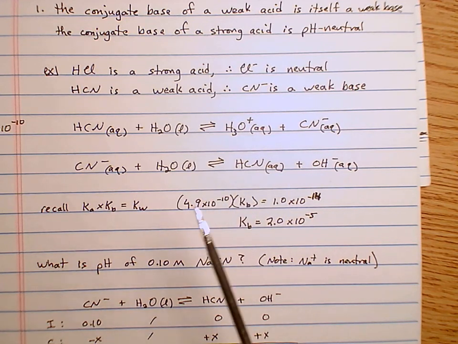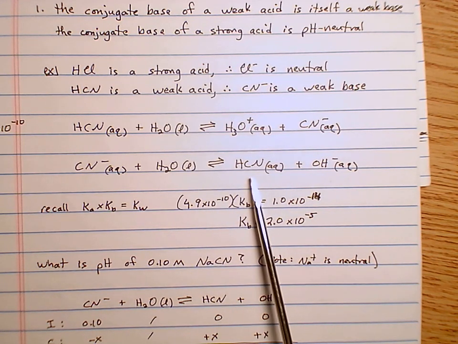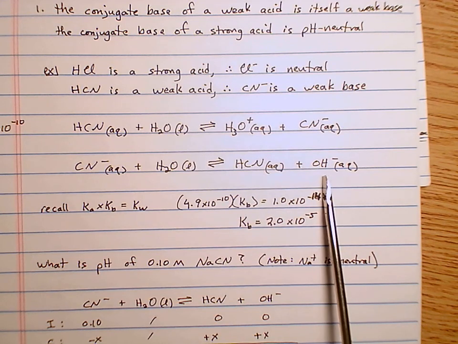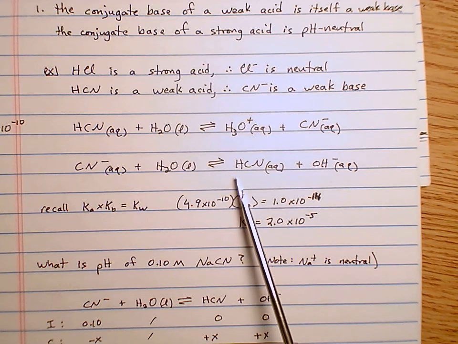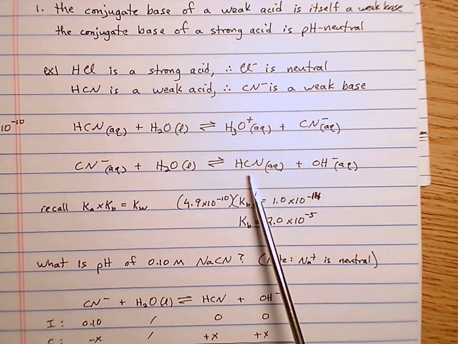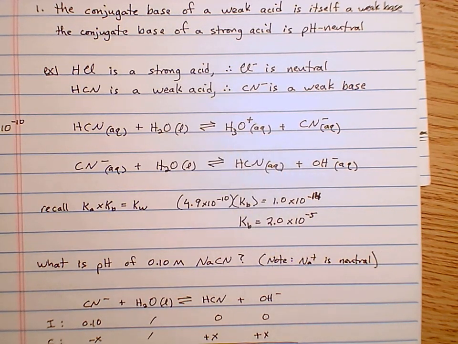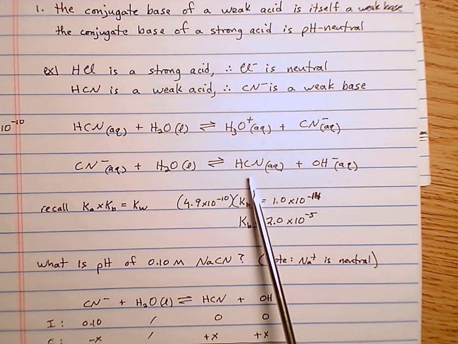And the answer is no, because remember, a solution is basic if it produces OH minus in water. It's acidic if it produces H plus or H3O plus in water. So the acidity of solution isn't due to HCN. The acidity of solution is due to H3O plus. So acidity is measured as the concentration of H3O plus, not the concentration of HCN.